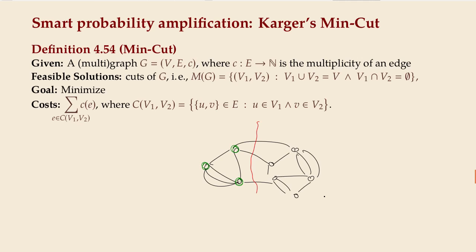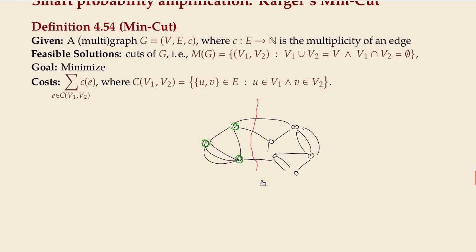So I'm not an expert on min-cut algorithms. Actually, I don't know if there's a very simple method. I don't think so. So for deterministic algorithms, it seems that the best algorithms have the following runtime.